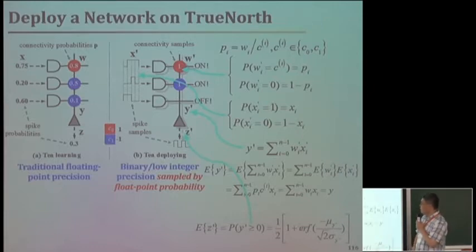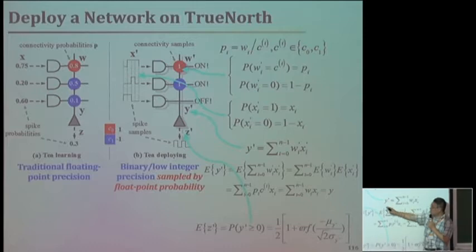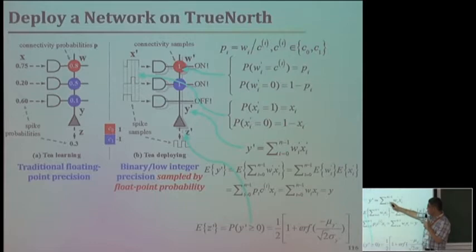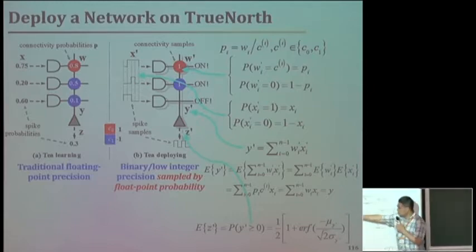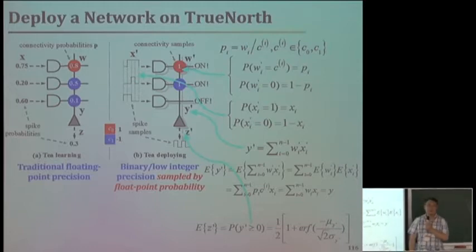Mathematically, we can prove the mathematical expectation of the output y', which is the sum of the expectation of wi' xi', the represented weight and the input, so the expectation of y' equals the expectation of this sum, equals this and this, and finally equals y.